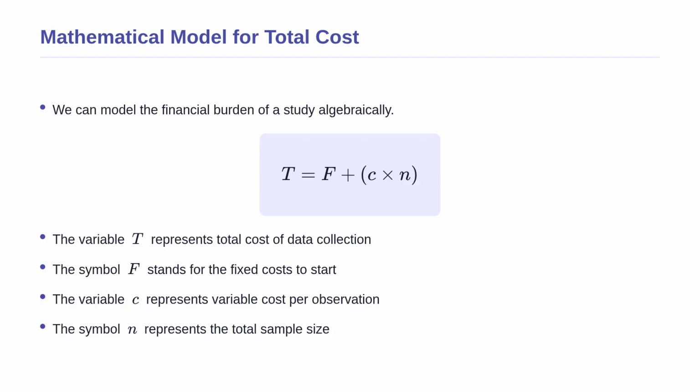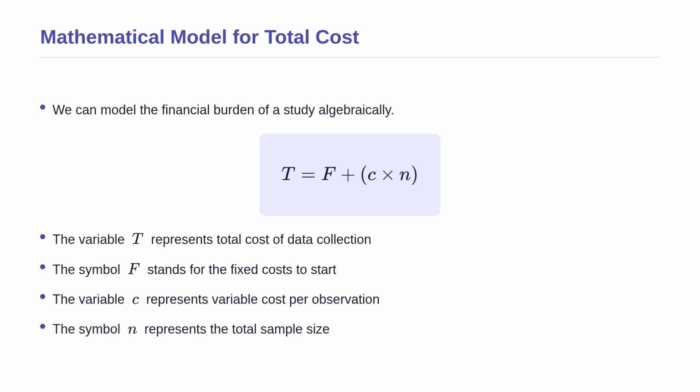To truly understand the practical difference between these two approaches, we can look at the mathematical model for the total cost of a research study. This simple algebraic equation helps biostatisticians justify their research budgets. The formula is T = F + C × N. Here, T represents the total cost of the data collection process in dollars.